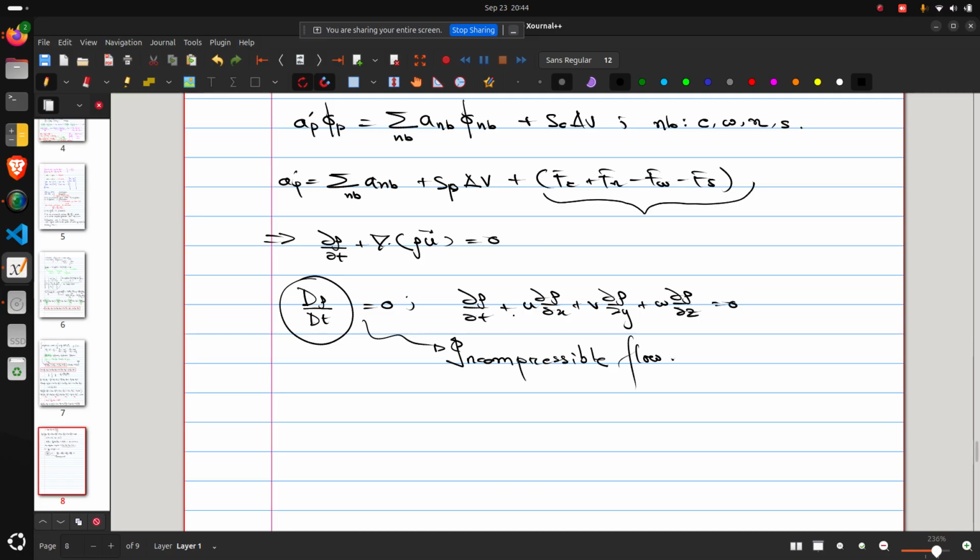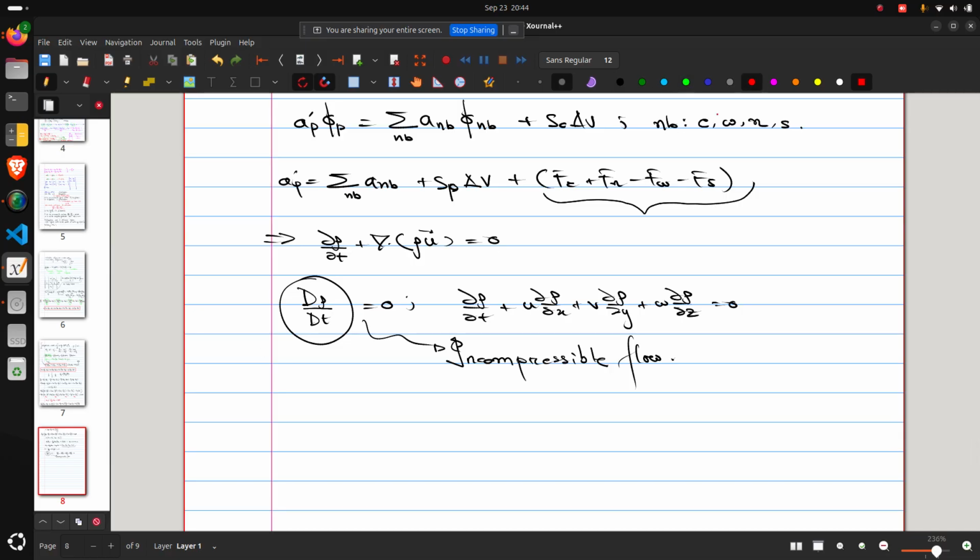Incompressible flow. So what does that mean? That in that flow, if we follow a certain particle and track its density, we will find that the material derivative of that density is unchanged. What does that mean?